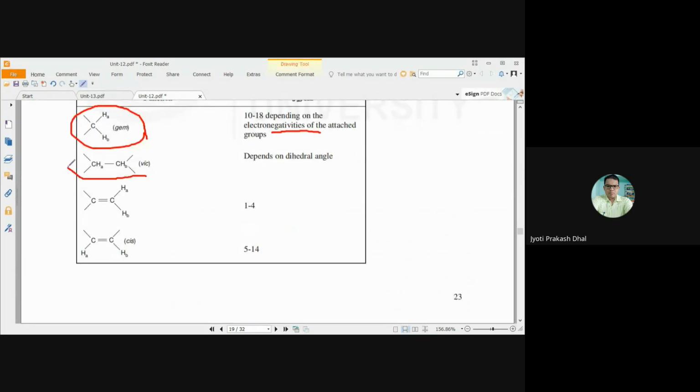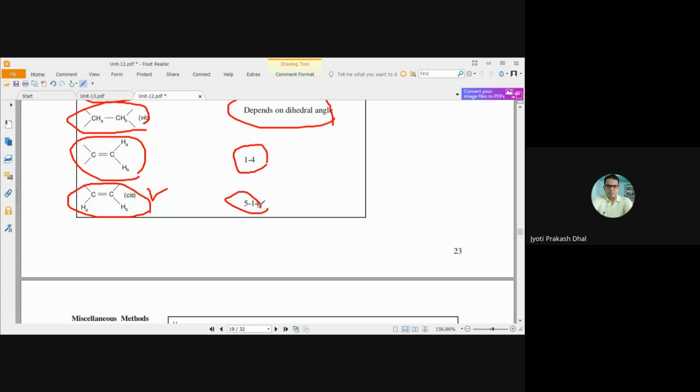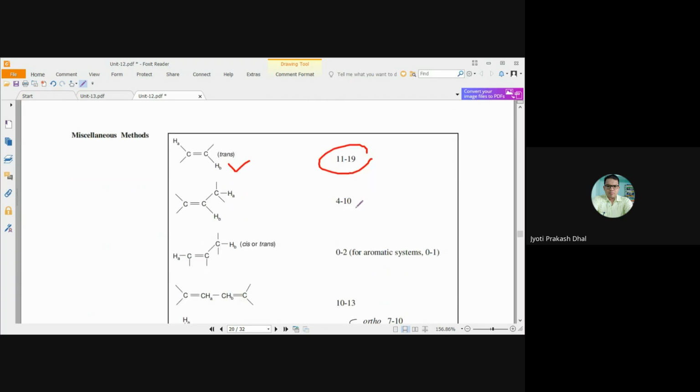For vicinal protons, it depends upon the dihedral angle. If two geminal protons are attached to a double bonded carbon, the J value will be in the range of 1 to 4. Similarly, if two vicinal protons are attached to a double bonded carbon with cis configuration, it is 5 to 14, and for trans configuration, it is 11 to 19.